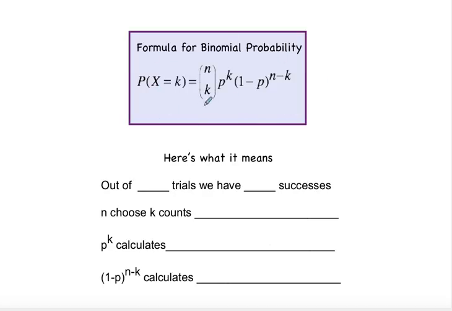Here's what this formula means. This is not a fraction. This is what we could call n choose k. What we're looking for is, out of n number of trials, we're trying to find k successes.